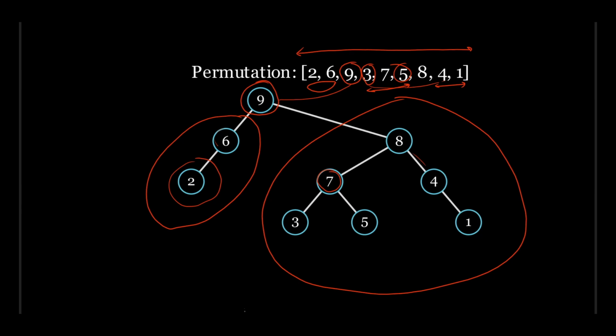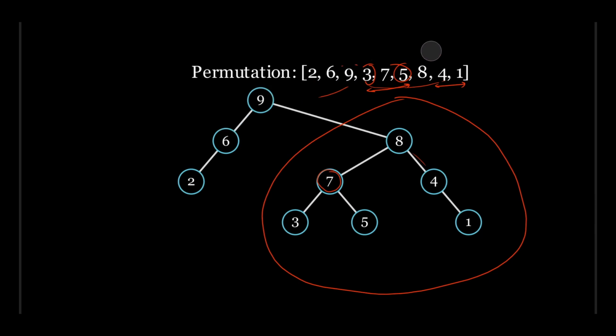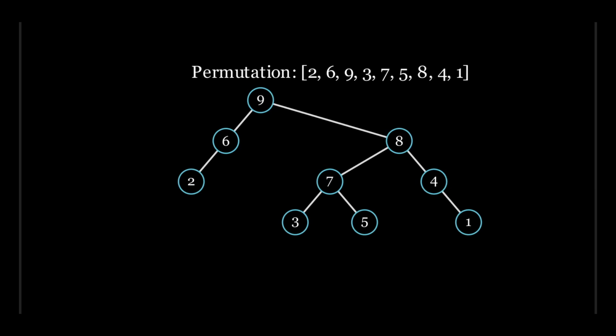Now, one important observation is that, sure, using recursion, you can create a Cartesian tree from a given permutation. But given this Cartesian tree, can you create this permutation back? Can you think about some approach to do this? You will notice that 2 is the first element in this permutation.